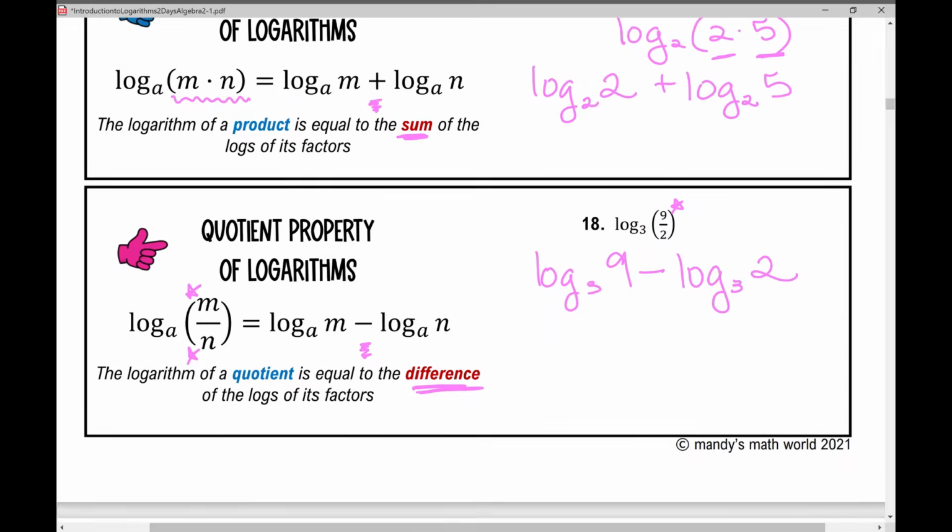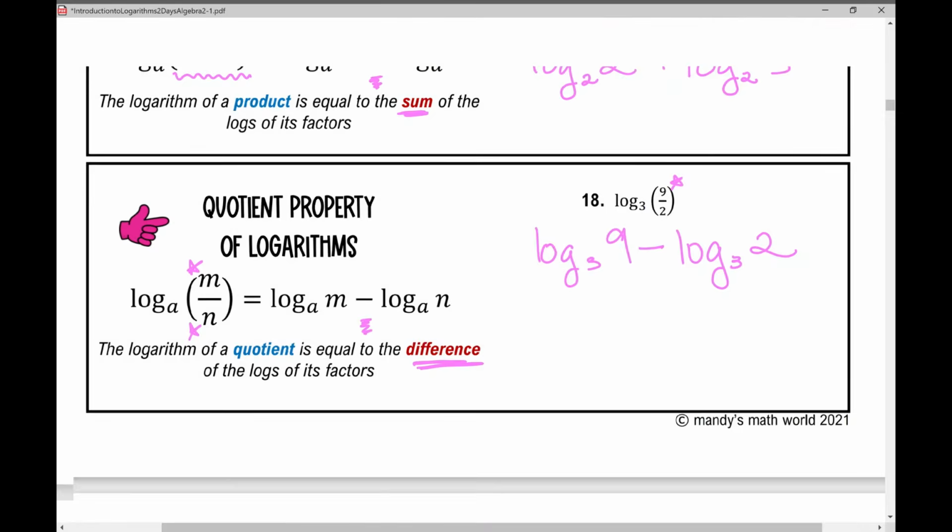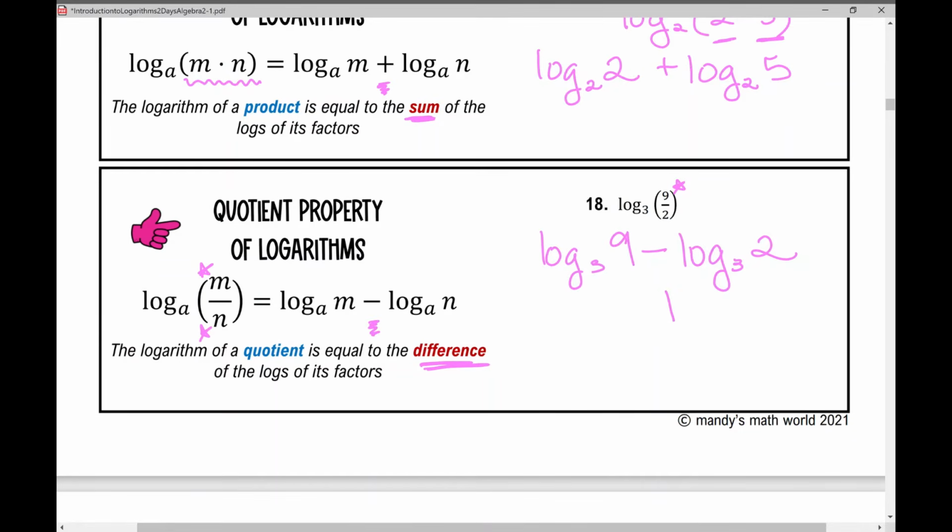Moving on. And one thing I do want to say, and I want you to write it down: if there's a minus sign in front, it goes in the denominator. And you'll see that.